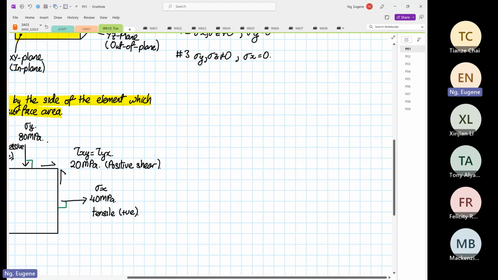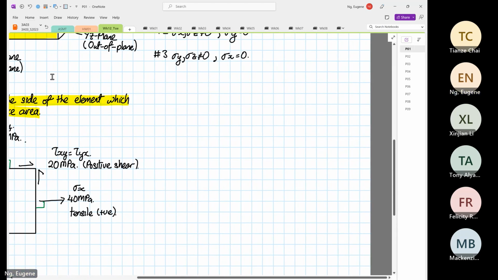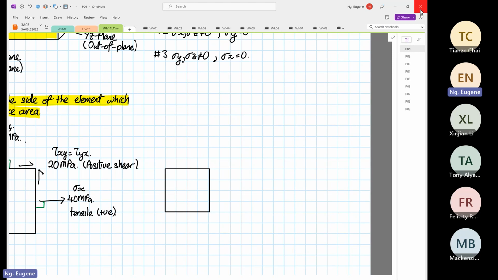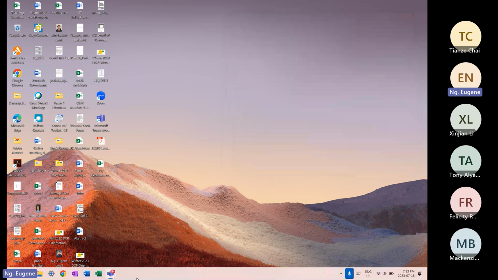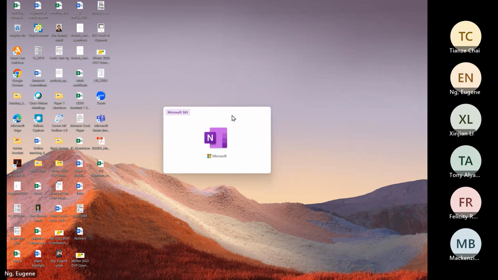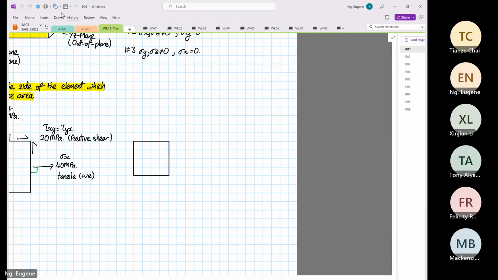So I'm going to draw two elements. Bear with me, I'm going to shut down my video, because my screen is very slow. Okay, hopefully now it works better. So I'm going to draw two elements.